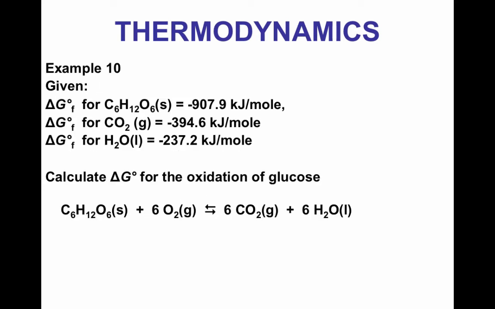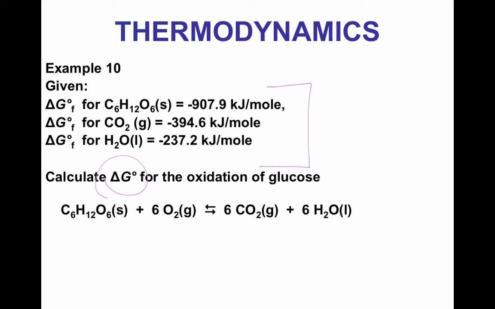So in this final example, you are given 3 free energies of formation of glucose, CO2, and H2O. So I've given you the delta G for each of those, and I want you to calculate delta G for the oxidation of glucose, and I've already given you the equation. So what you need to do is figure out, I need to solve delta G, and I'm given this information, right?